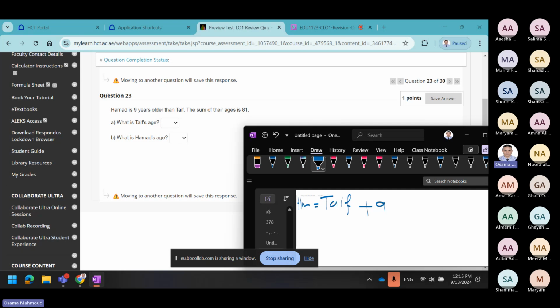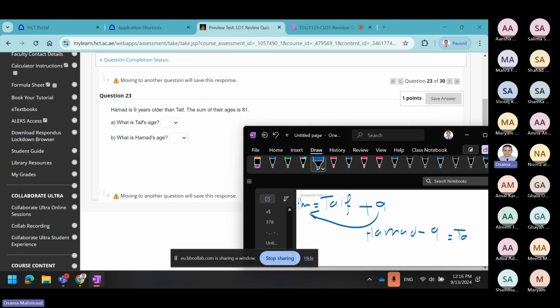Okay. So what is Taif's age if the sum of their ages is 81? He's looking for Taif. So I move this one to Hamad. So Hamad minus 9 will equal to Taif, right? But the sum of them is 81.